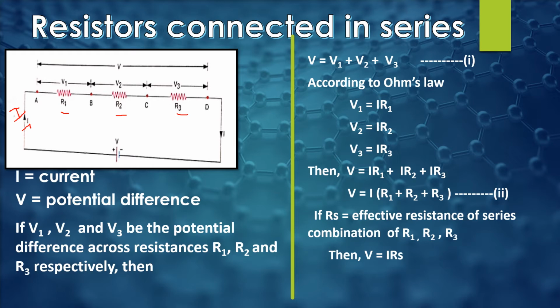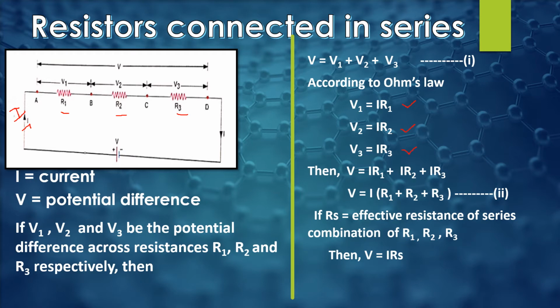We know that according to Ohm's law, V equals I into R. But here we have V1 equals IR1, V2 equals IR2 and V3 equals IR3.